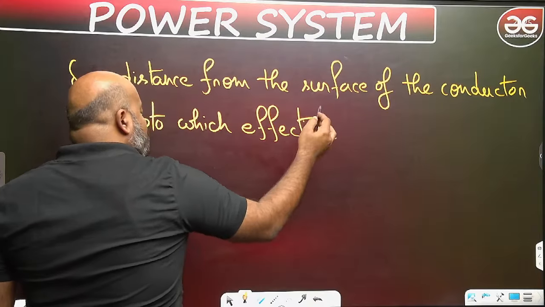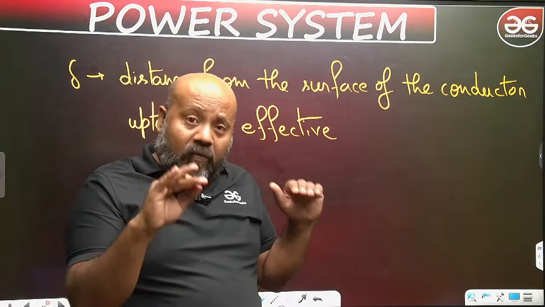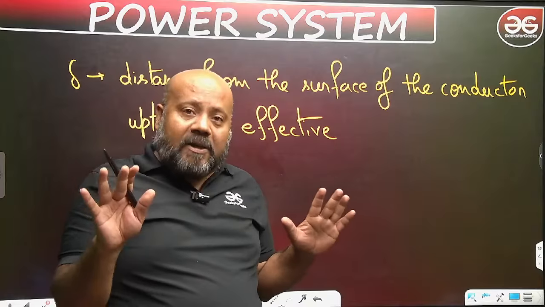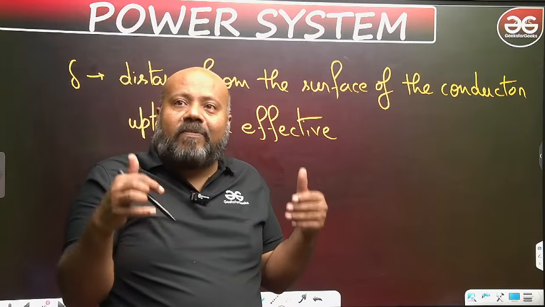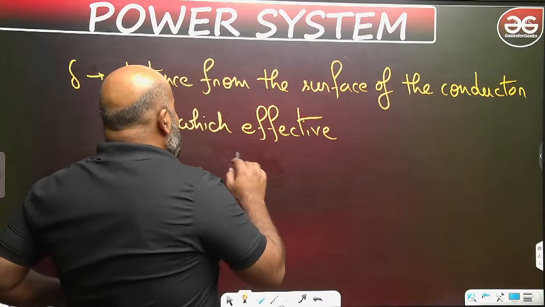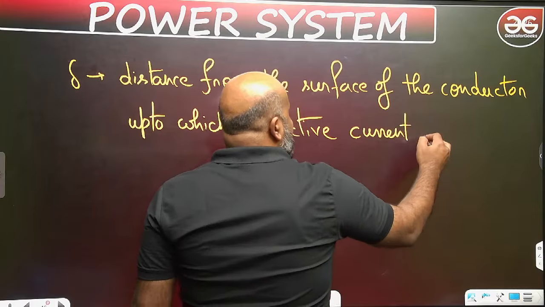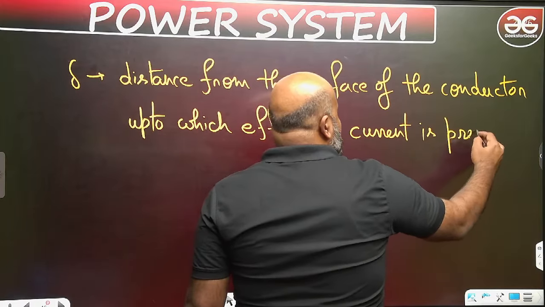I am not saying no current is present, after which, up to which, I am not saying all the current is present. I am saying effective current is present. It means beyond this del also there is some current.